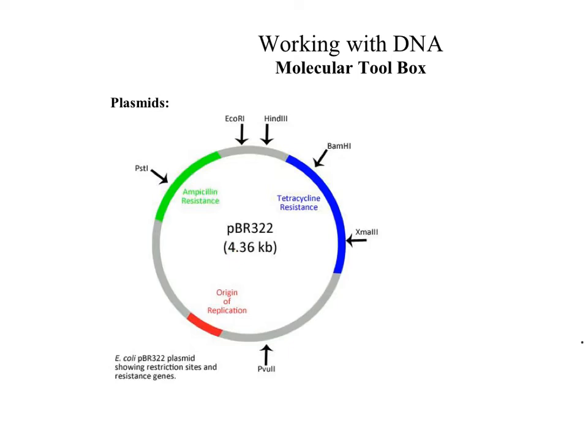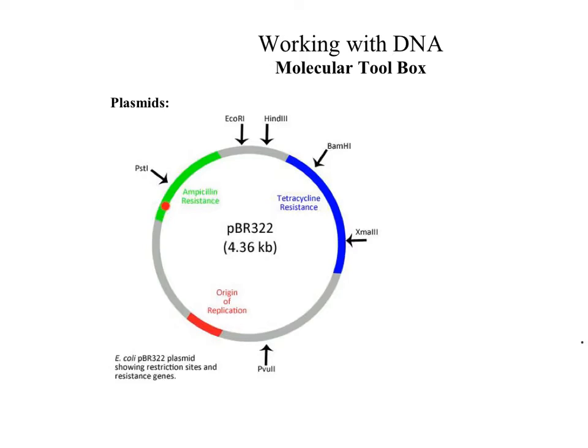It's double-stranded, and it's circular. This is an example of a plasmid that was made in a laboratory. It's pBR322. In this plasmid, there are several interesting features. One is they can confer ampicillin resistance.